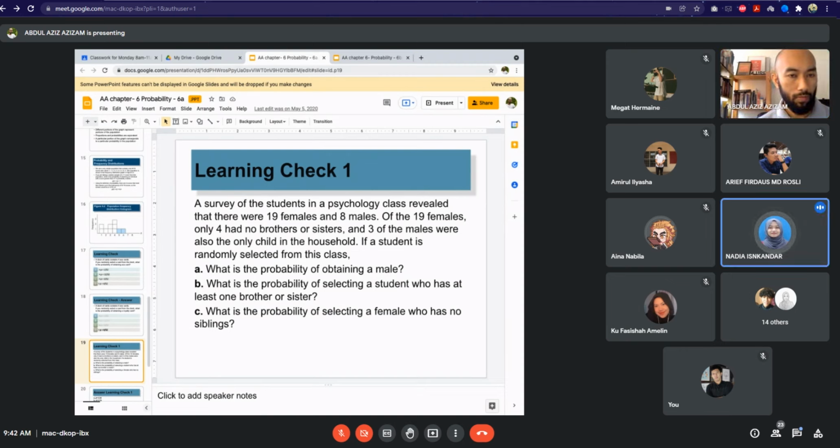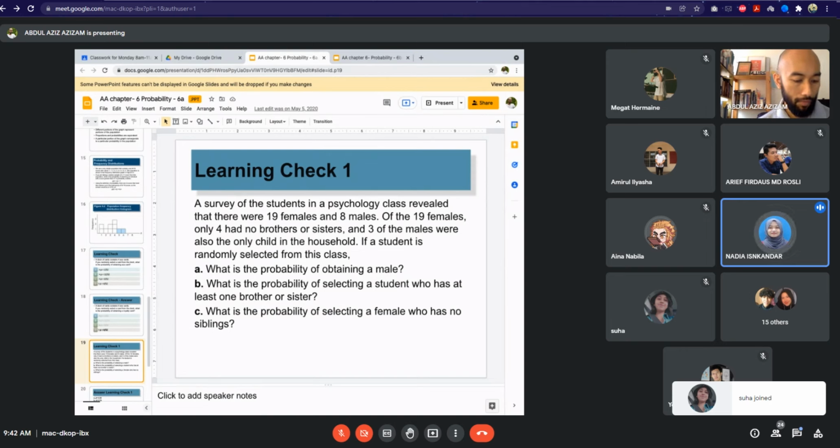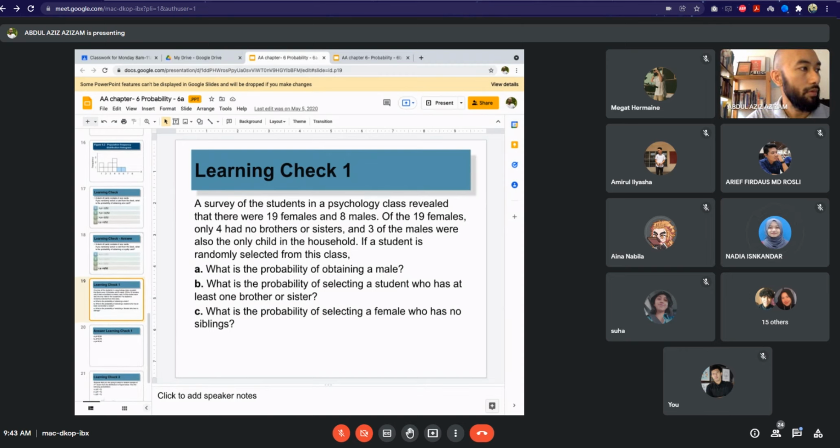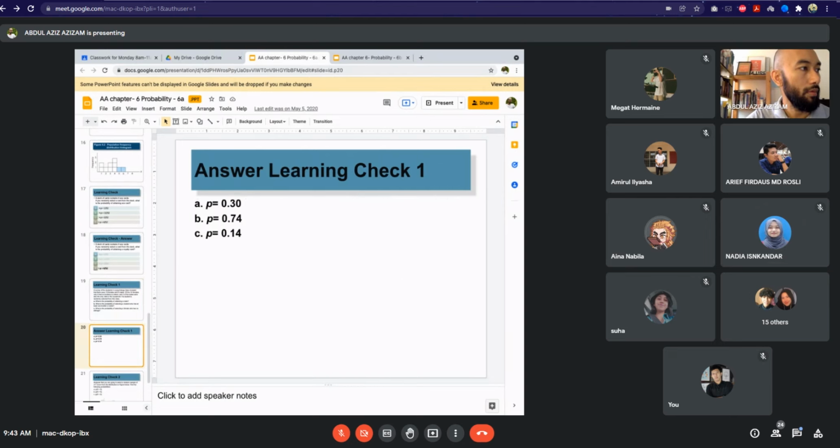B, 0.74 saya tak tahu lah. Okay. C, 0.15. Ini jawapan dia. Okay, betul semua sekali.